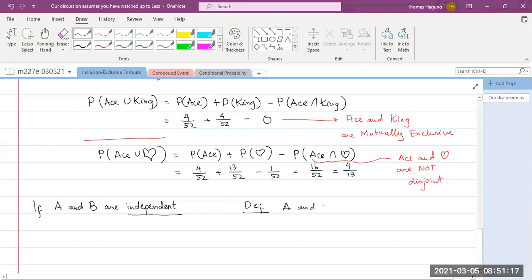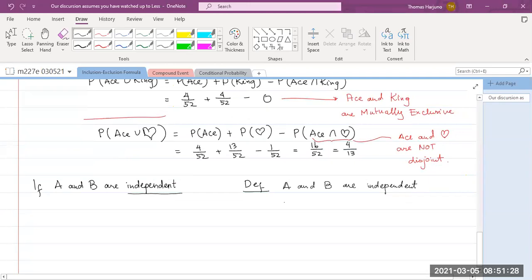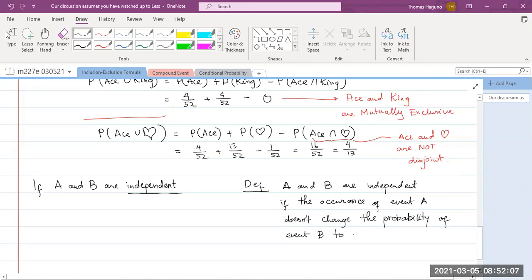A and B are independent if the occurrence of event A does not change the probability of event B to occur, and vice versa.